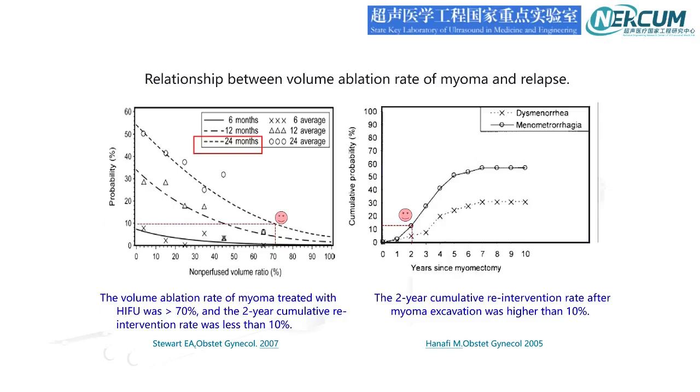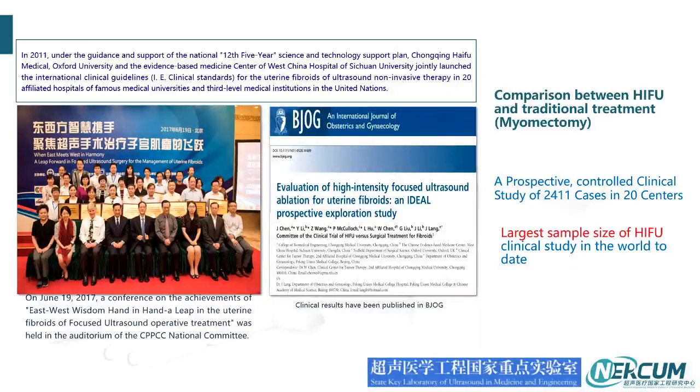Why? Because for recurrent uterine myoma, we just use laparoscopic surgery. Some small myomas could not be completely removed, so the residual myoma could be the cause of the recurrence.